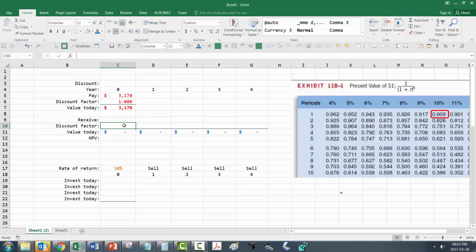Now, the authors say, look, the hospital is requiring a rate of return of 10%. What would that generate in terms of future cash flows that are sufficient enough to cover, at the very least, the 3,170 that we are initially investing in the project?